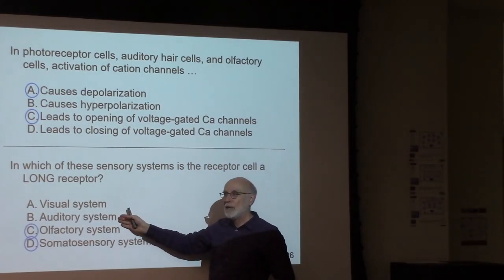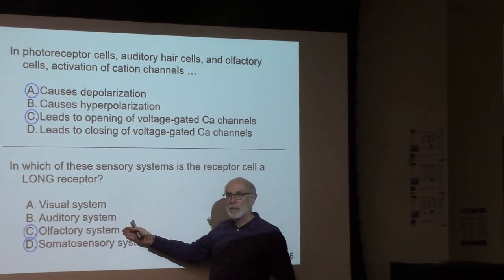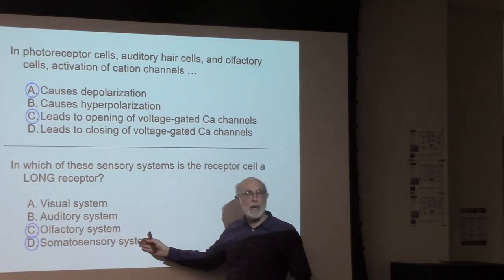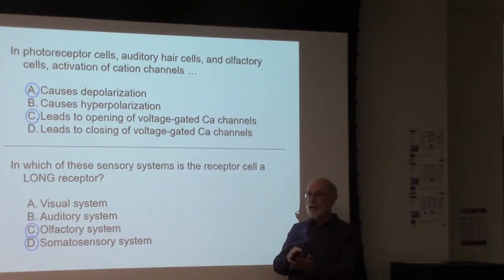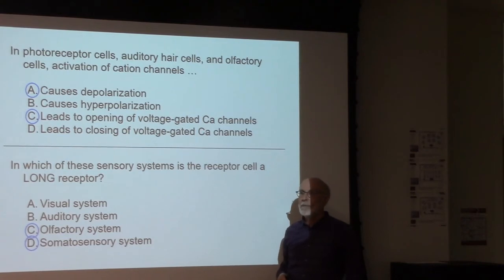Auditory system, the hair cells are short. Olfactory system, we just did this: the olfactory receptors with their cilia have axons, they're long. And in the somatosensory system, all of the cells that detect touch, pressure, pain, vibration have axons that go to the spinal cord.